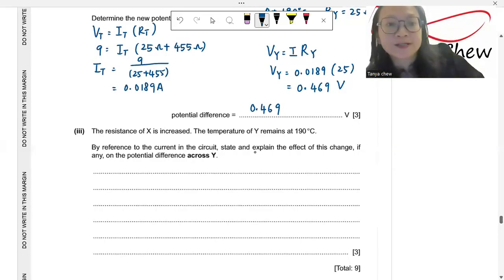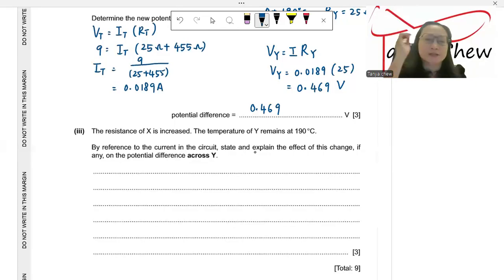Now, third one: resistance of X is increased. Temperature of Y remains at 190 degrees Celsius. By reference to the current in the circuit, state and explain the effect of this change, if any, on the potential difference across Y. So since the resistance of X is increasing, the total resistance, because X and Y are connected in series, so you just add their resistances, right?